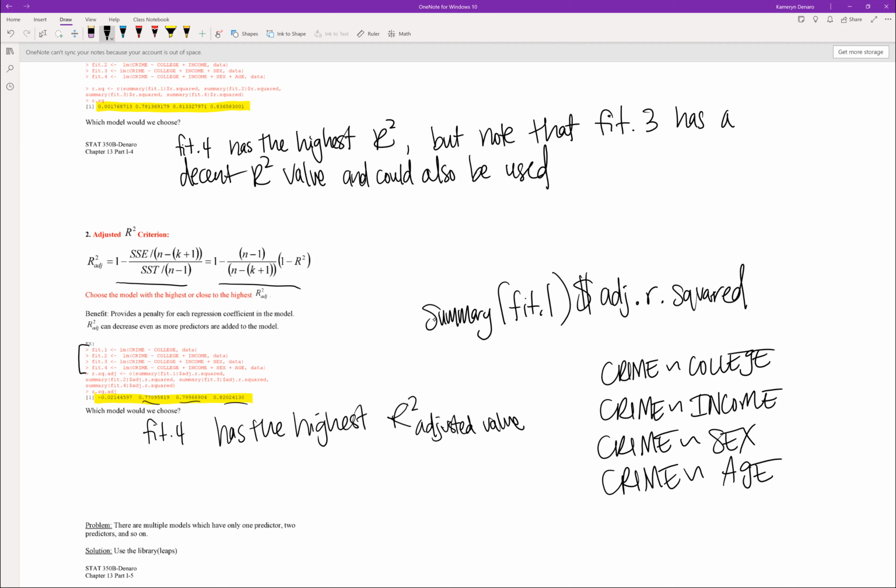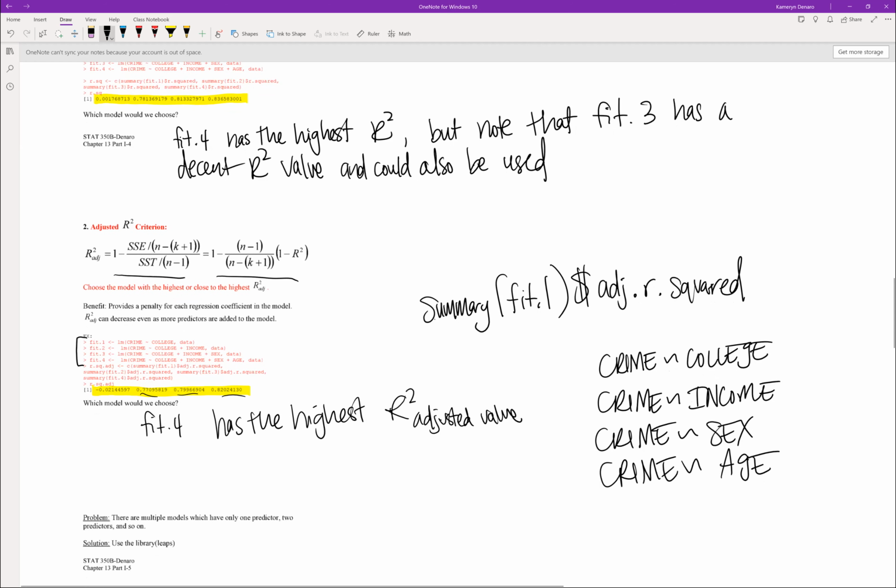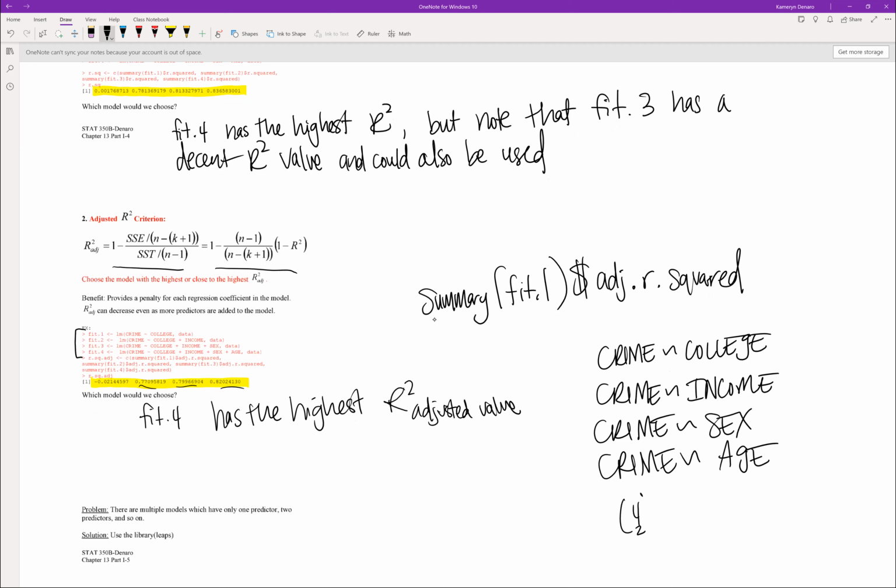There's 4 models with just 1 variable. And then if you think about it, there's really 4 choose 2 models that have 2 predictors in the model, right? And then there's 4 choose 3 models, which is equal to 4, that have 3 predictors in the model.